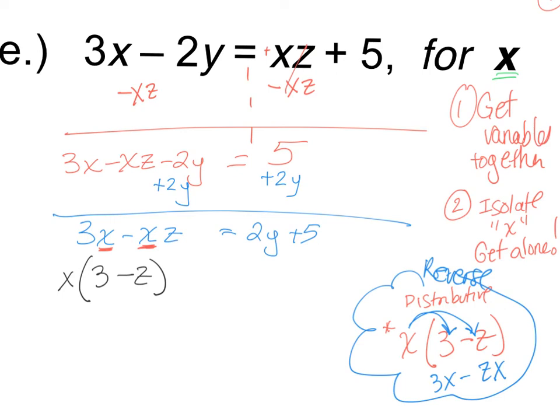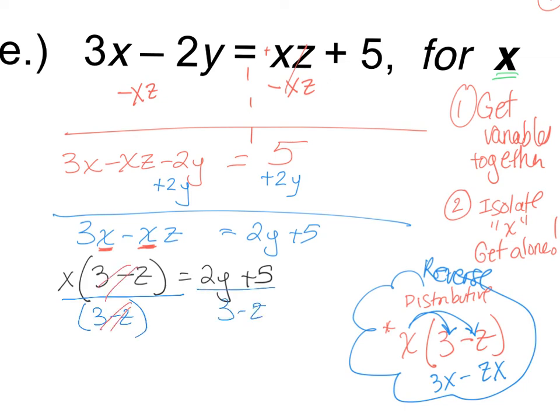Now you're not done yet, so you're going to write equals 2y plus 5. Let's go ahead and do that in the same color ink so that it equals 2y plus 5. And now you're going to look at it and go, okay, is x alone? No, he's being multiplied by the parentheses. So to undo it, I'm going to divide by the parentheses to both sides.